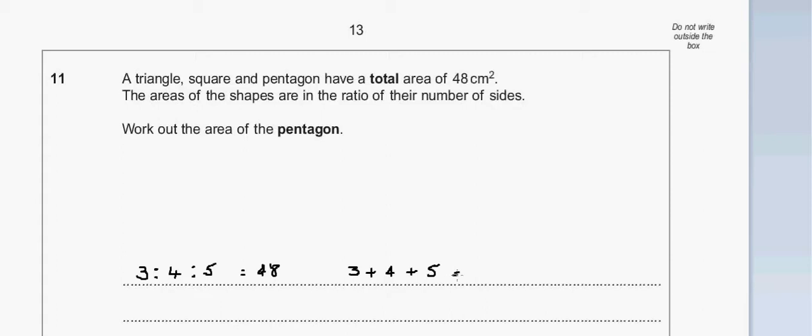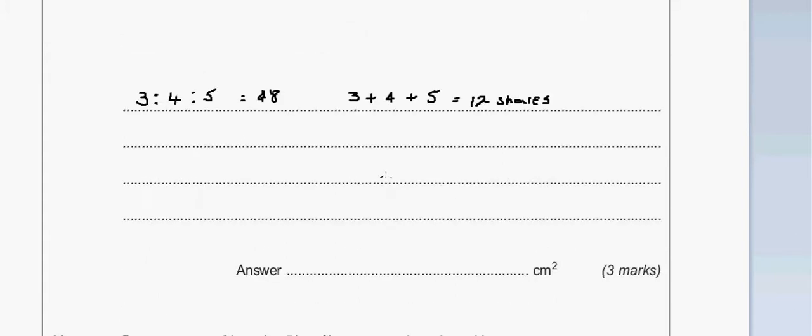So this gives us 12, and if you want you can write shares, that's okay. So we have 12 shares. Now we want to know what one share equals. So 48 divided by the total number of shares, which is 12, gives us 4.